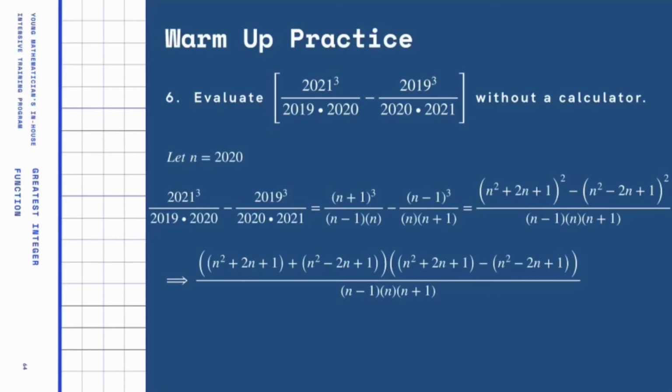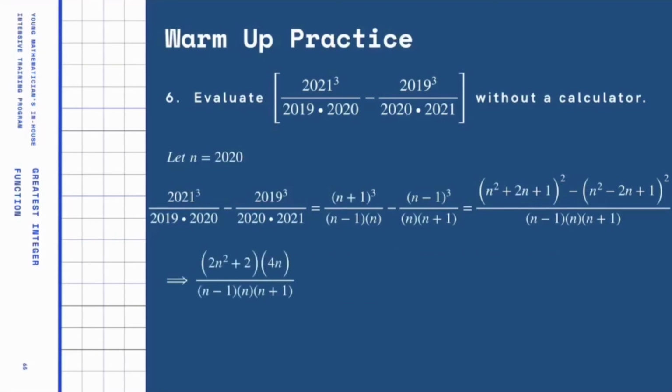So now we have 2n squared plus 2 times 4n. Now factoring out 2 and the 4, also canceling the n in the numerator and the denominator, we get that it's equal to 8 times n squared plus 1 all over n minus 1 times n plus 1.